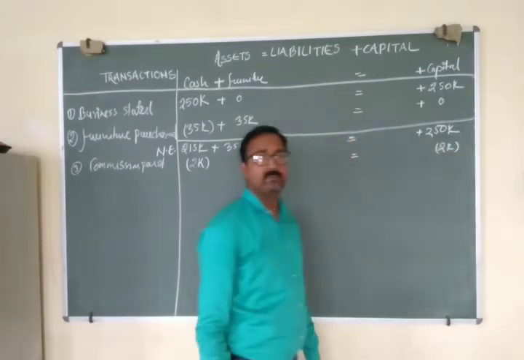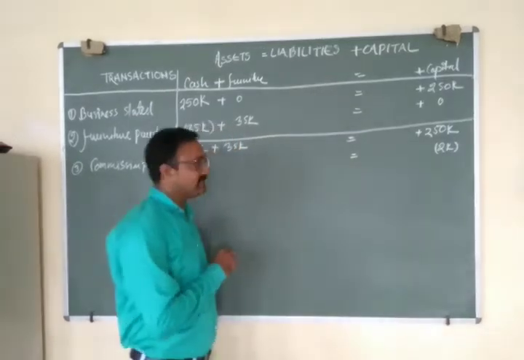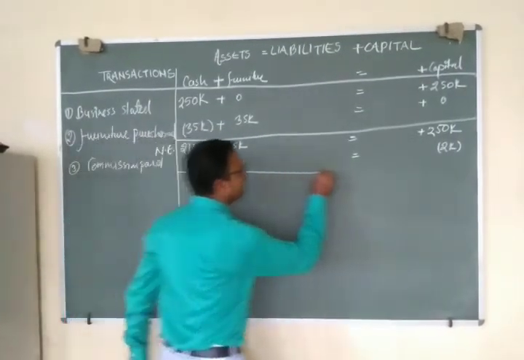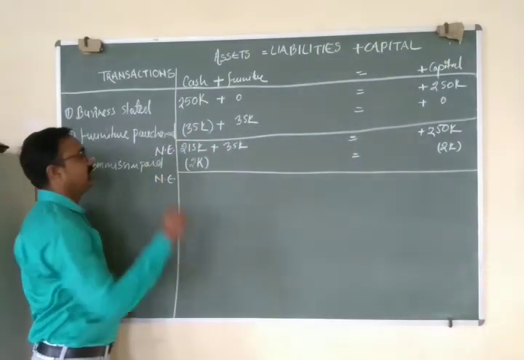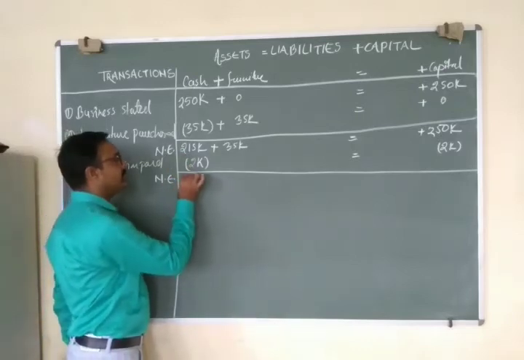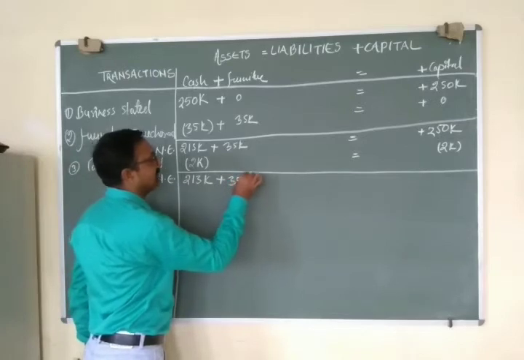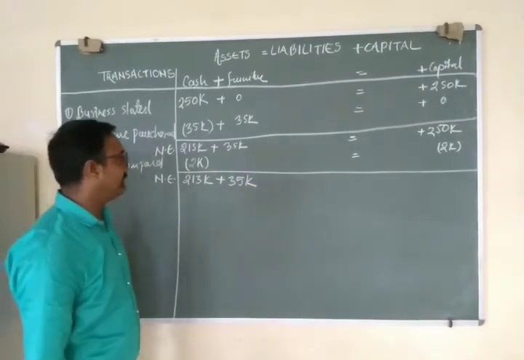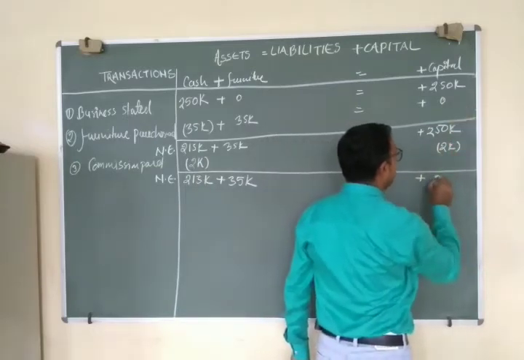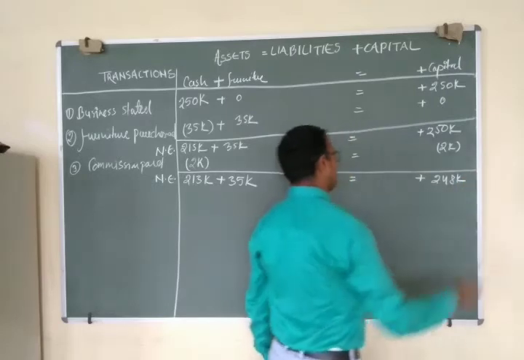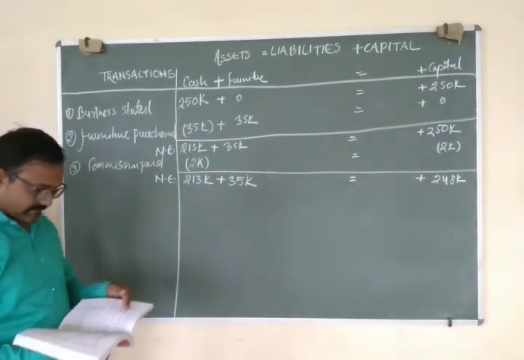Whenever you make any kind of payment or there are losses, it will decrease our capital along with the cash. So after this transaction again, we have to find out our new equation. Revised cash will be 2,13,000, revised furniture 35,000, and our revised capital will be 2,48,000. Here we have to cross check the sum of assets and the sum of liabilities.